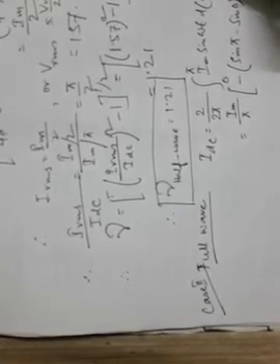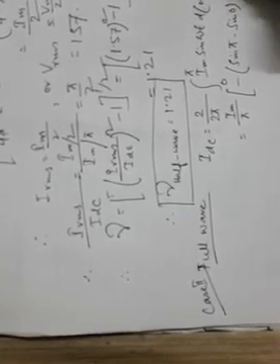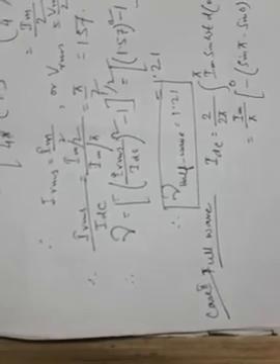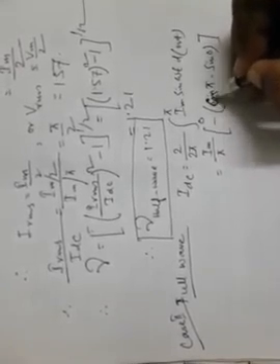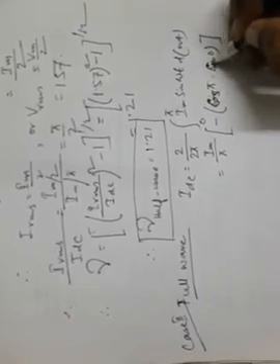So if you calculate this, 1 by pi, rather Im by pi we should write, and here it is integration 0 to pi sine, so minus, sorry, this is not sine, this is cos. So this is cos pi minus cos 0.